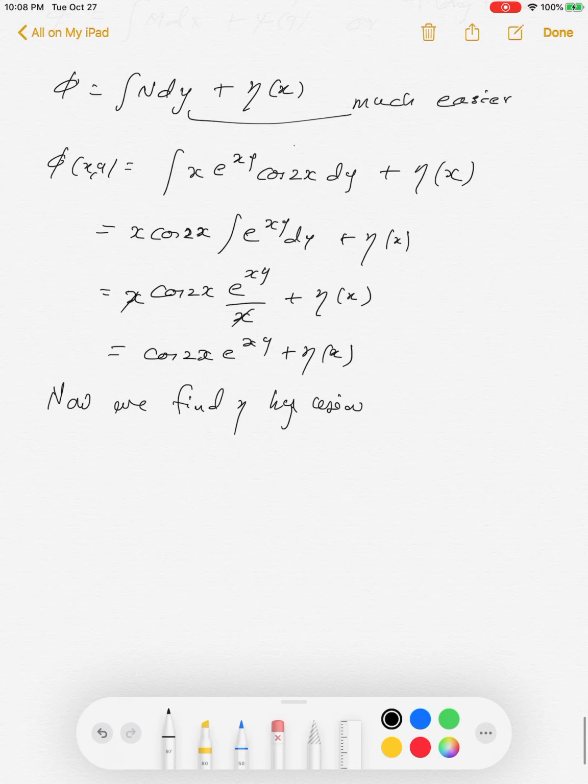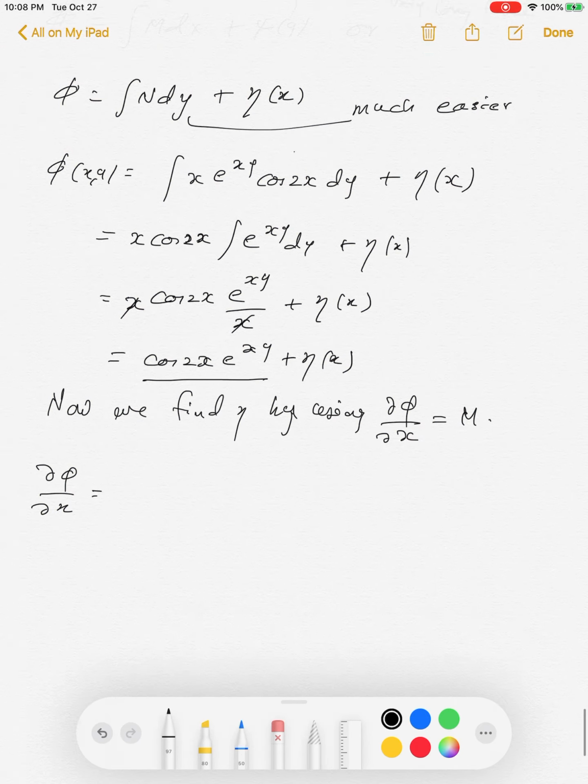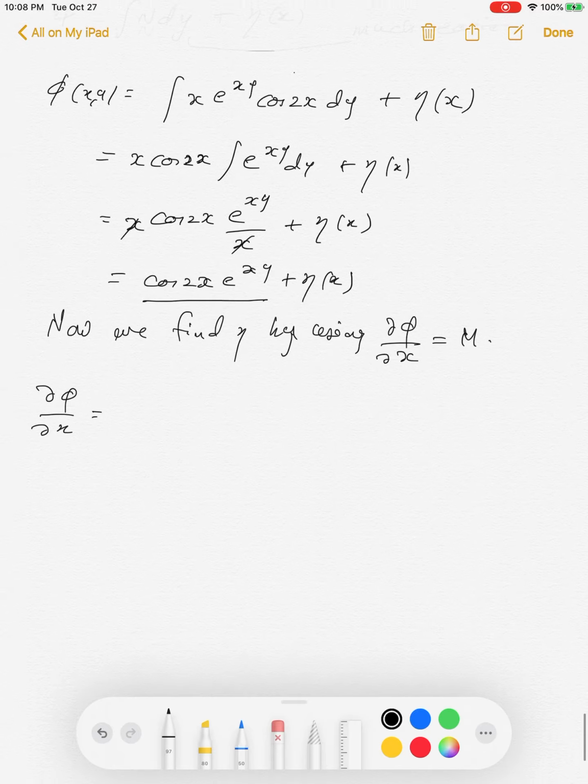And now we find η by using the fact that dφ/dx is M. So for dφ/dx, you differentiate this function with respect to x.